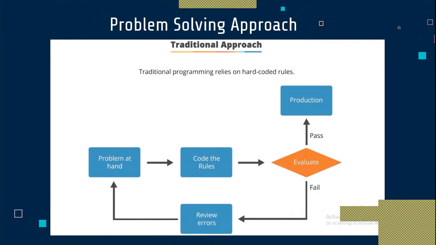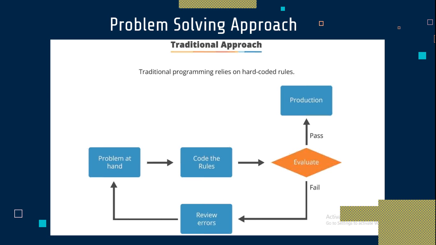In a traditional approach, how do we solve the problem? You can see in this flowchart that traditional programming relies on hard-coded rules, such as if, else, and all these things.